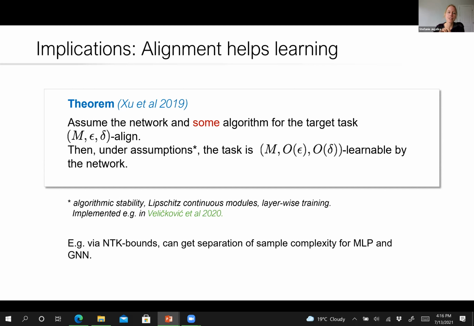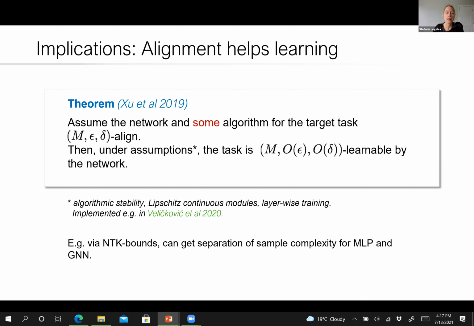I have to say, this result does make a few simplifying assumptions, the strongest being that you have to do layer-wise training, so you need feedback in each layer, which I would like to remove. But there is also evidence in the empirical literature where they use exactly that kind of training. And those empirical results reflect a lot of what our theory says.